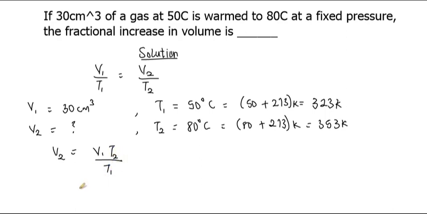Substituting the values, we have V2 equal to V1, which is 30 centimeter cube, multiplied by T2, which is 353 Kelvin, divided by T1, which is 323 Kelvin.